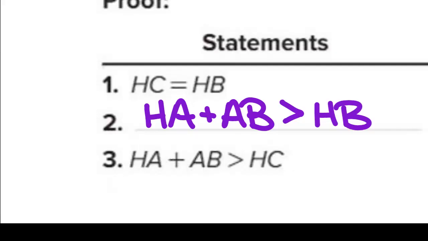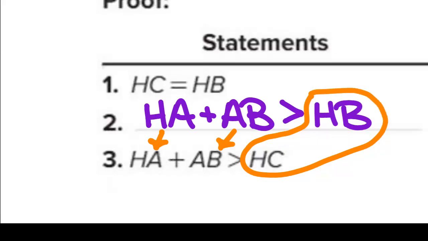There's only one more step in this proof, and there's a lot that stays the same between statement 2 and statement 3. In fact, what's the only thing that changed between these two statements? The third side. HA stayed the same, AB stayed the same, but this changed. Why would I be allowed to take HB out of this inequality but replace it with HC?